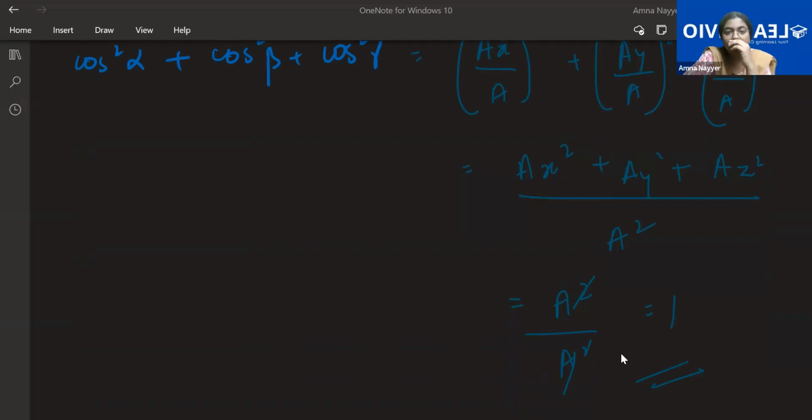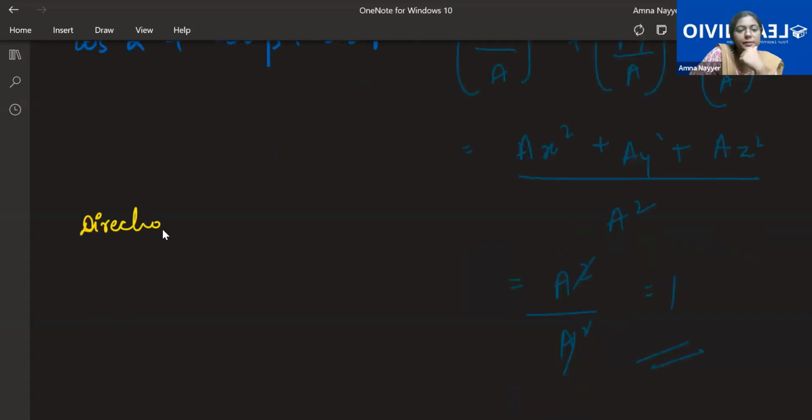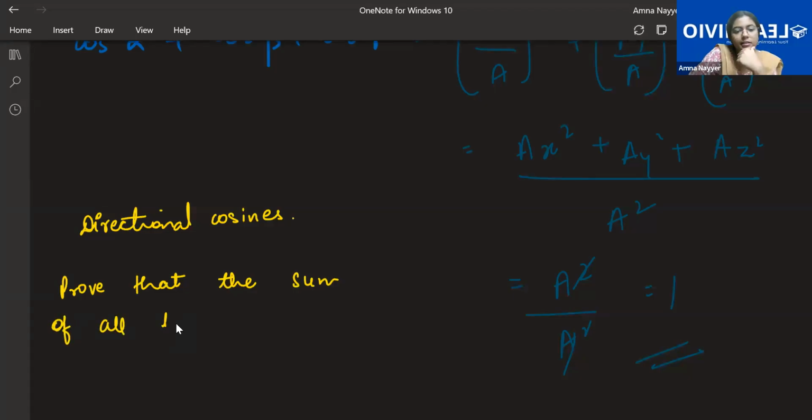In some school papers, not recently, this derivation came: prove that the sum of the squares of the directional cosines is 1. So this is how you can show it.